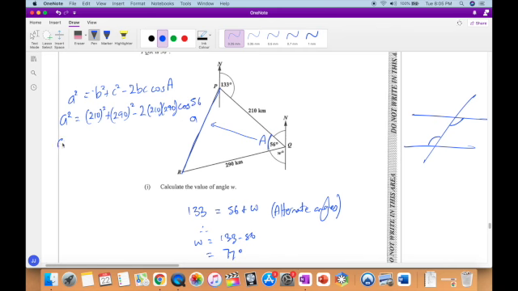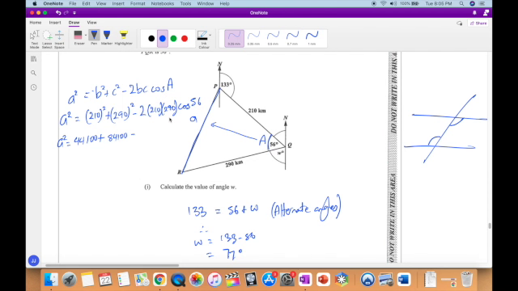Alright, so A squared is equal to 210 squared. Oh, big numbers. 44,100. We have to be very careful. Plus 290 squared is 84,100. Minus, let me just work out this entire thing, right?